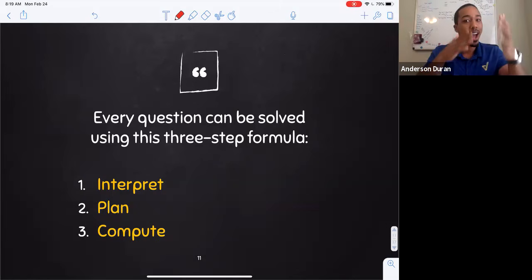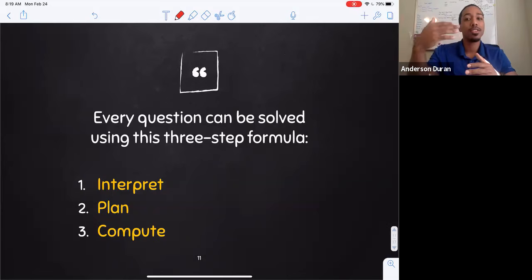Once you think about how you can do it, you plan it out, and then you follow your plan and execute. Math is the same exact thing. There's no difference. In every math problem, you first need to understand what's going on. Then you need to make a plan.